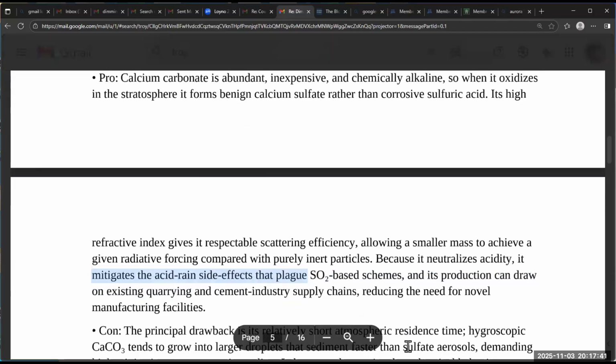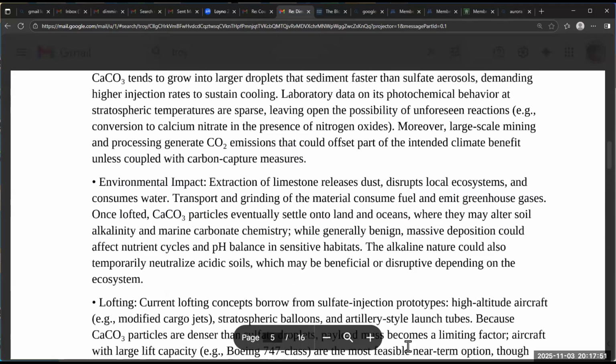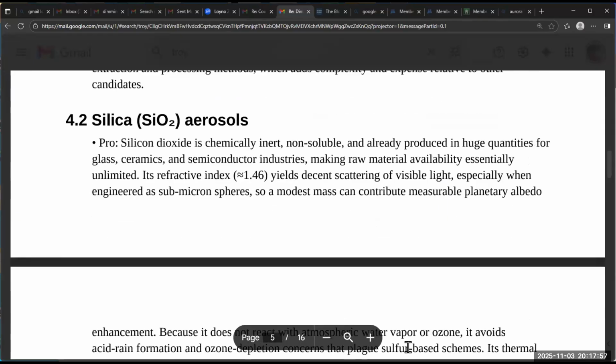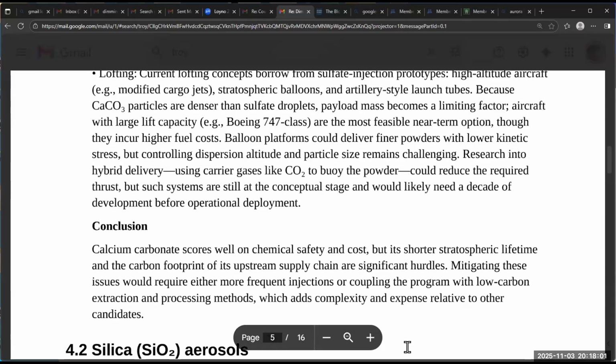Some other choices have no ozone impact, which is also wonderful. The next one down is actually really probably my overall favorite, even though it's ranked number 2. Crushed basalt, basically into a fine ground silicate.